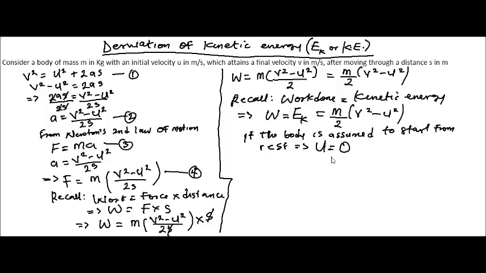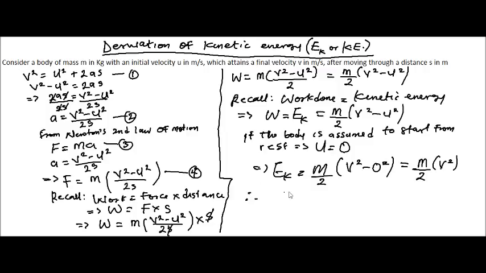Anybody starting from rest, the initial velocity is 0 because it has not moved any distance. So this implies that kinetic energy in this case will now be m over 2 into bracket v square minus 0 square, which is the same thing as m over 2 into bracket v square.